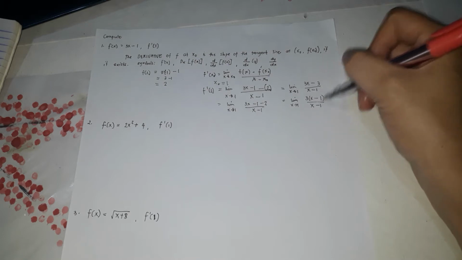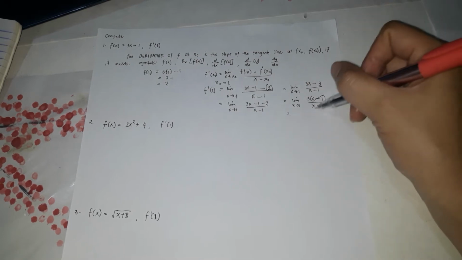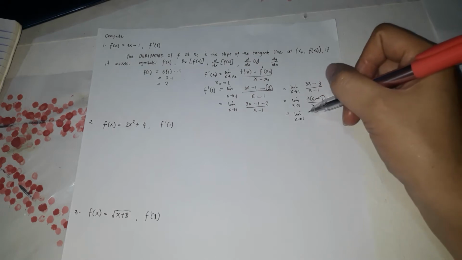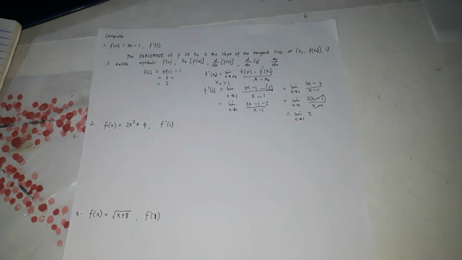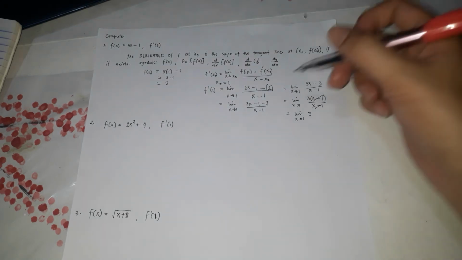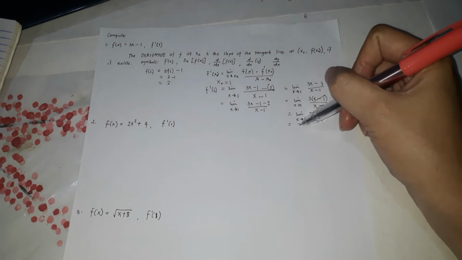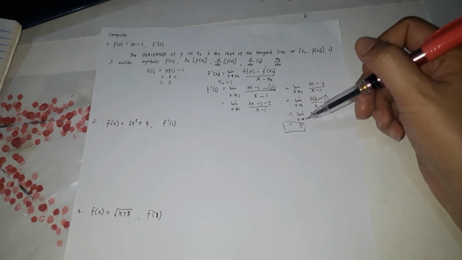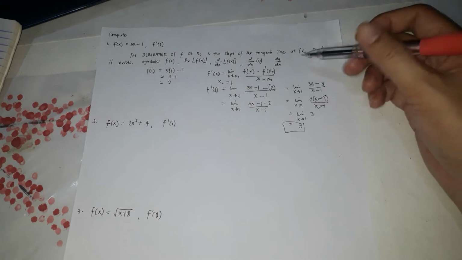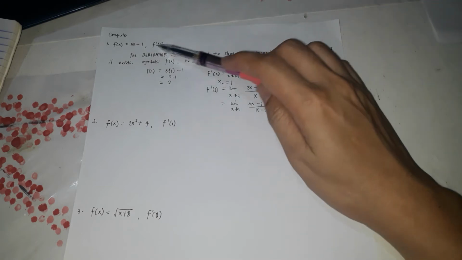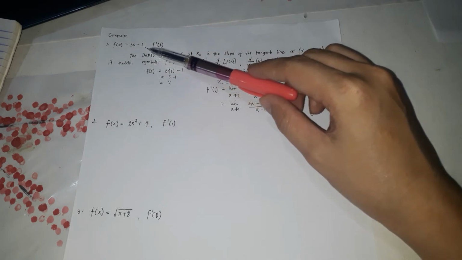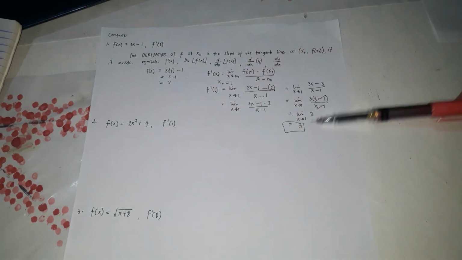So x minus 1 over x minus 1 cancels. So the limit of 3 as x approaches 1. Our answer is a constant, so the answer is the constant. So the slope of the tangent line to 3x minus 1 at exactly 1 is 3.